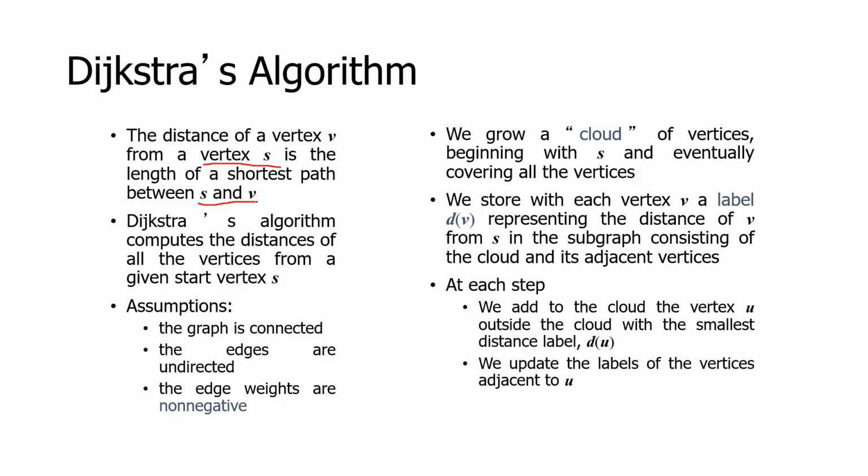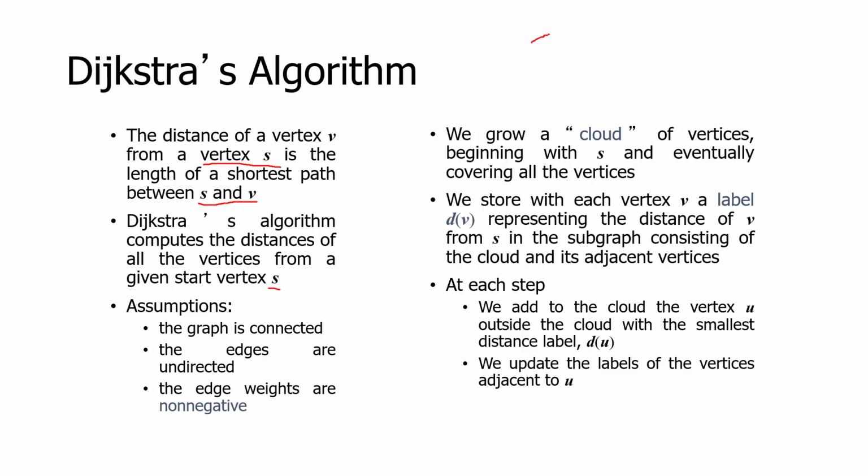Every time we start from vertex s and we keep on growing. So we first find how many vertices I can reach from s, and that is also called growing a cloud of vertices, and every time I pick the edge having the minimum distance in that particular cloud.